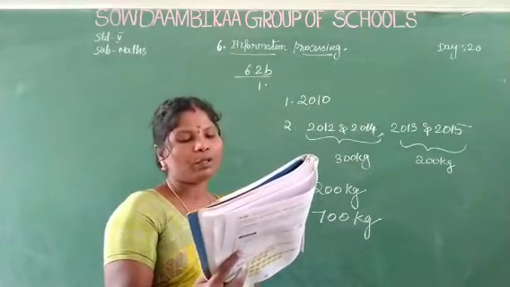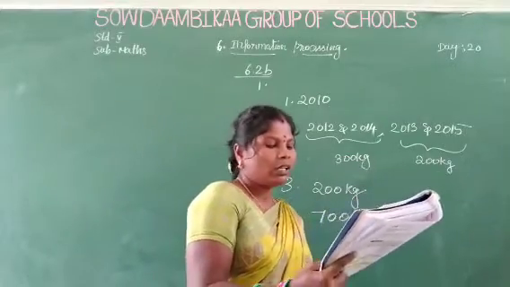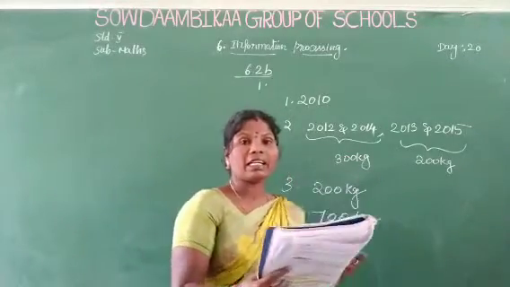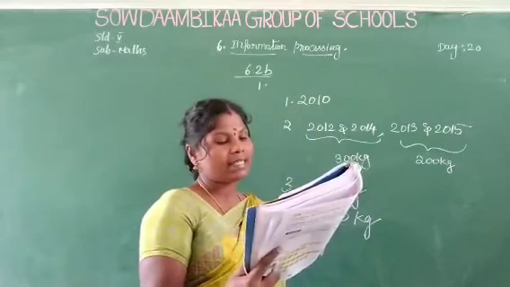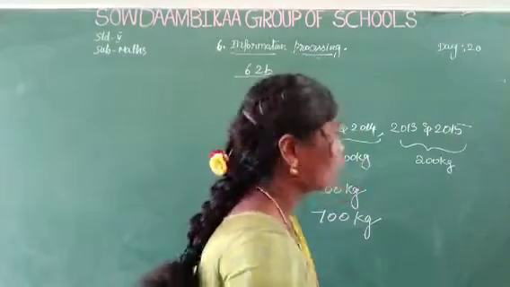The total number of people studying in class 5 are as follows. GHSS, Government High Secondary School, 1000 people.